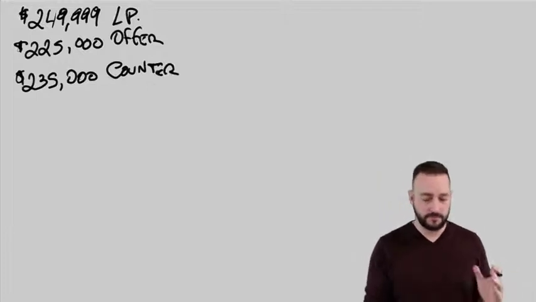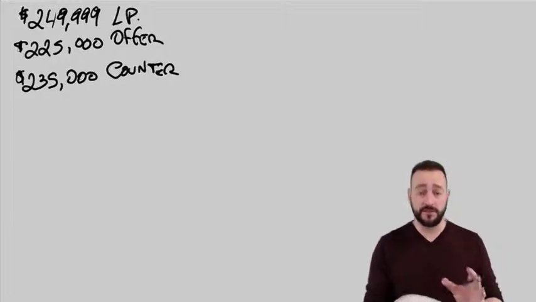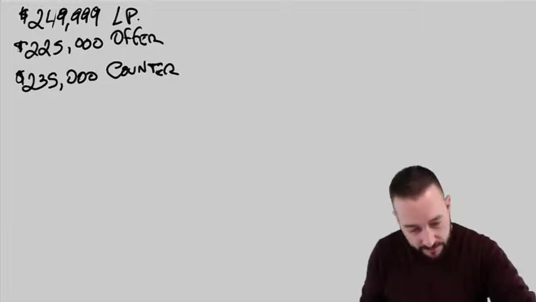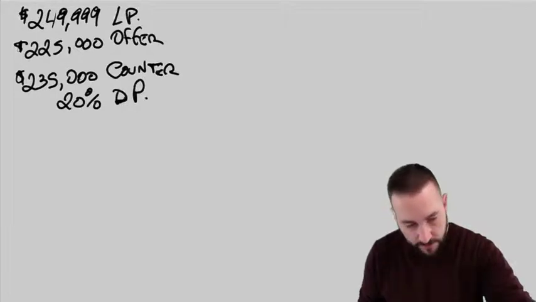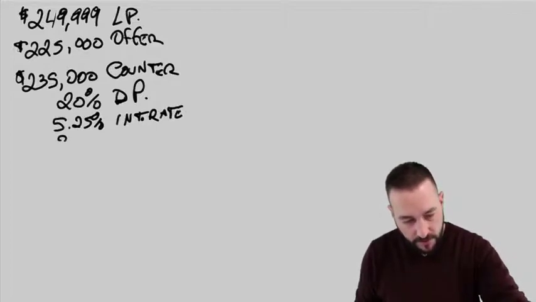Now, the Smiths accepted the counteroffer, so they have a meeting of the minds, they agree, right? And they're making a down payment of 20%. Okay, and they're financing the rest at 5.25%. So that's the interest rate, for 30 years.